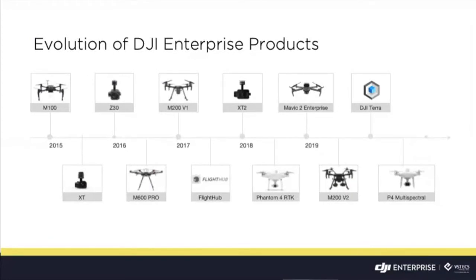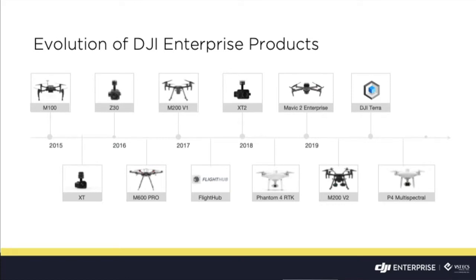In the evolution of DJI Enterprise products from M100 to M200 version 1, DJI was enabling development on a more open platform. So this is the evolution of the enterprise drones starting from M100 up to now the M300 RTK.